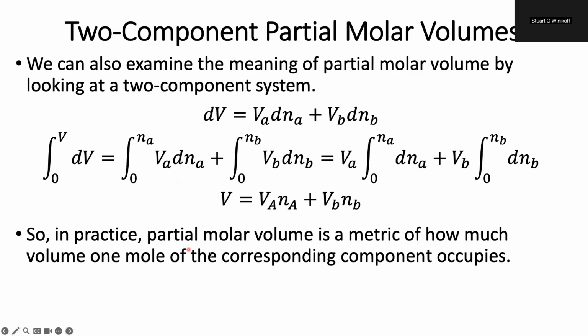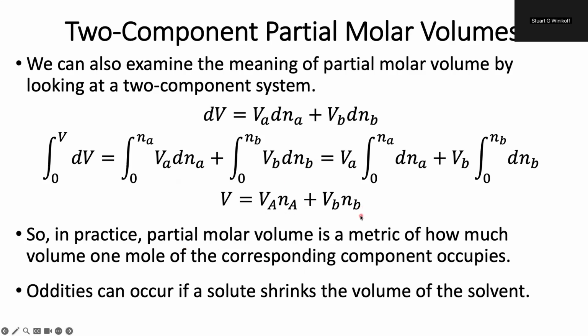But in practice, partial molar volume is a good metric of how much volume 1 mole of a species occupies. So if I know how much volume each component occupies, I should get the total volume of the system.